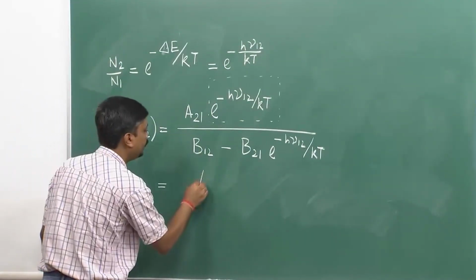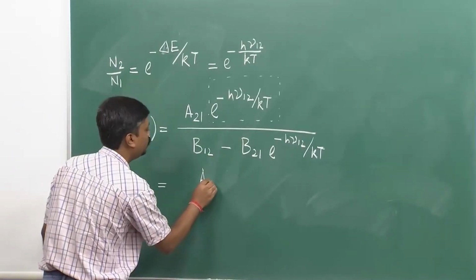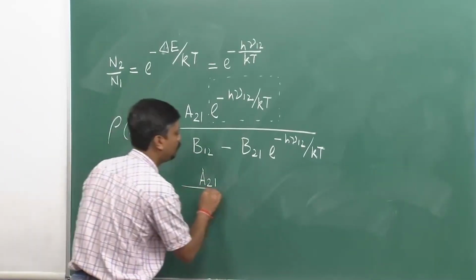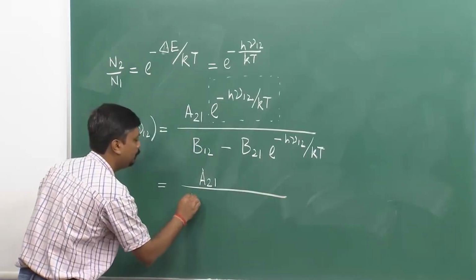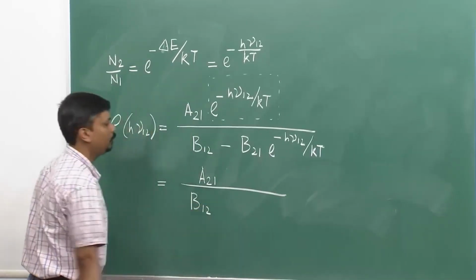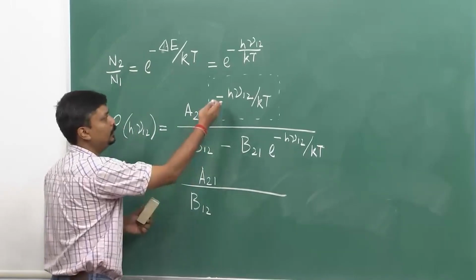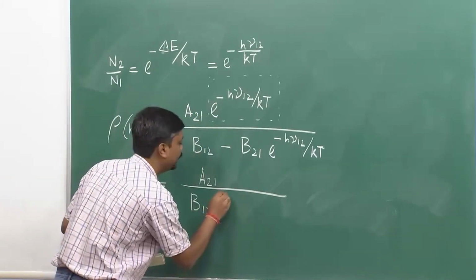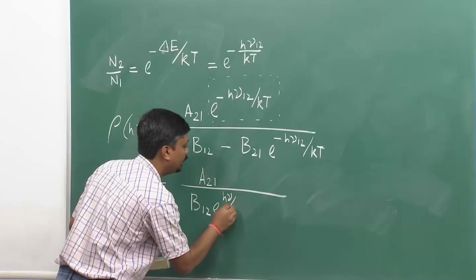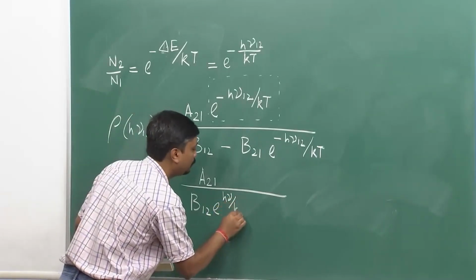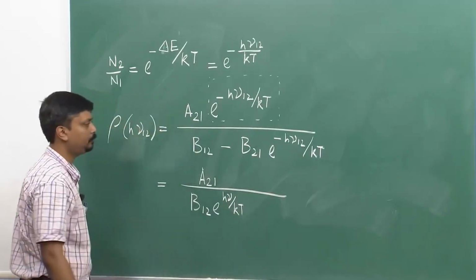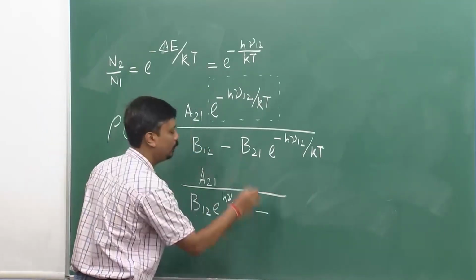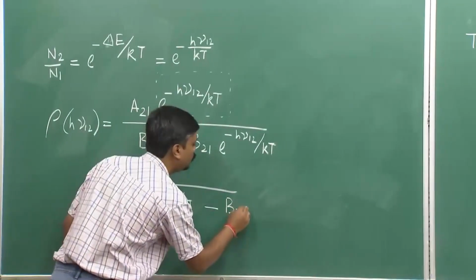I get A21 divided by B12 divided by e to the power minus h nu by kT. So, it becomes e to the power plus h nu by kT, and I am not writing this 12 anymore. This minus only B21.